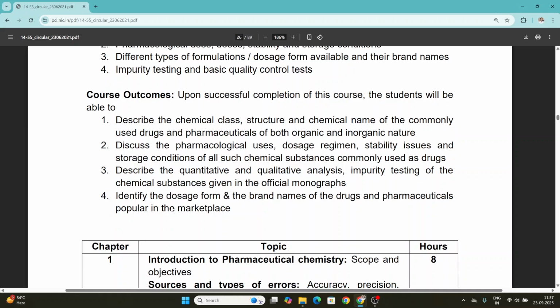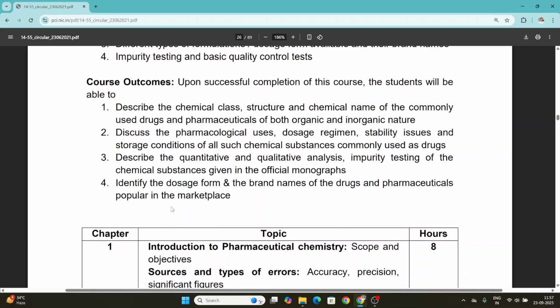Describe the quantitative and qualitative analysis, impurity testing of the chemical substances given in the official monographs. Identify the dosage forms and the brand names of the drug and pharmaceuticals popular in the market.